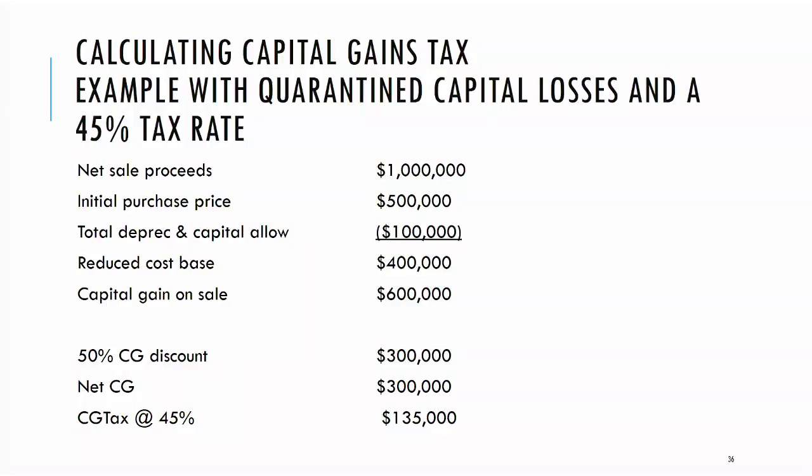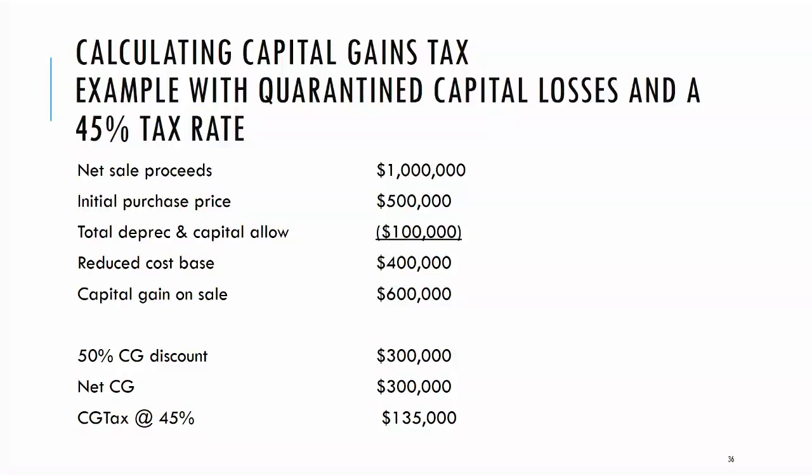500,000. But 500,000 is not the actual capital gain, right? Because you have already claimed depreciation and capital allowances on that property. For example, you have claimed 100,000 as tax depreciation and capital allowances.